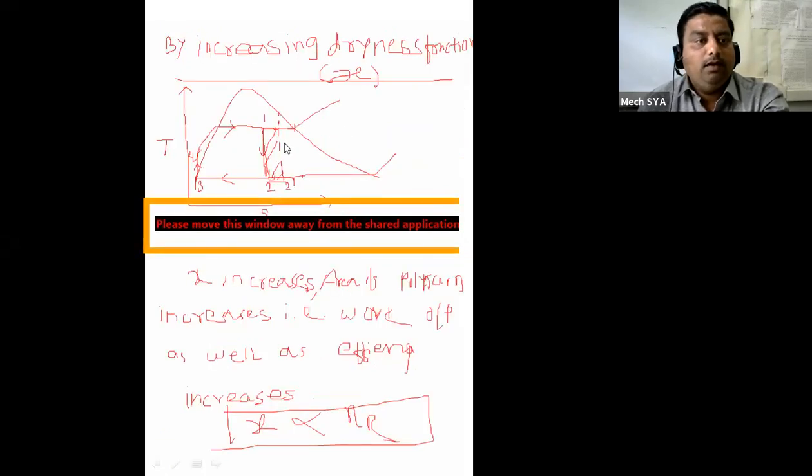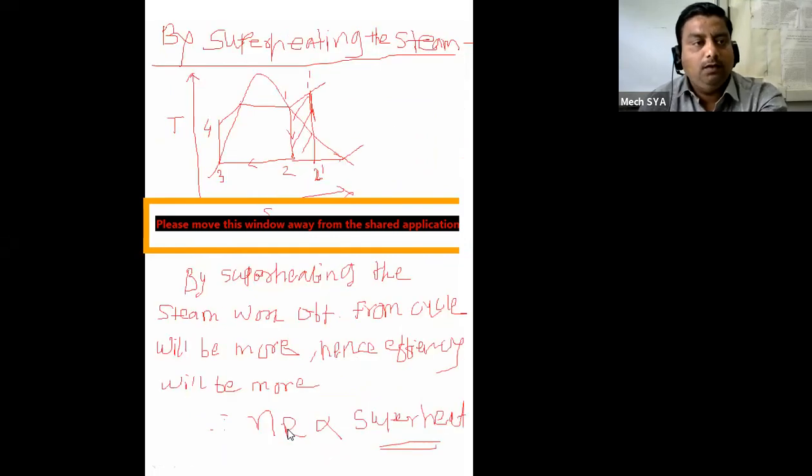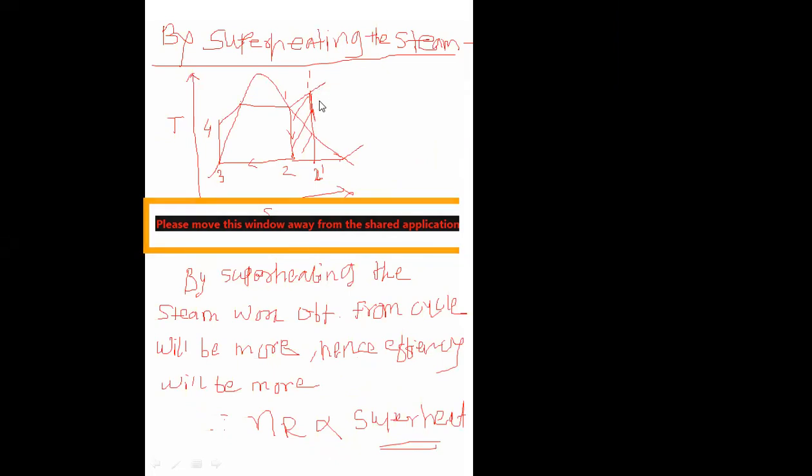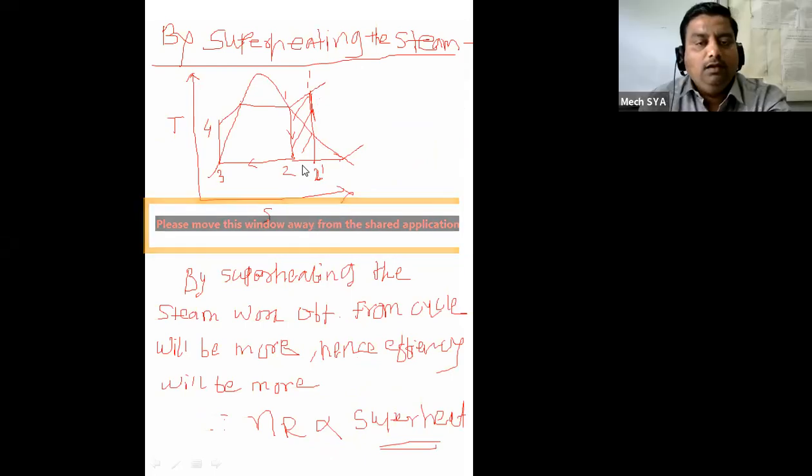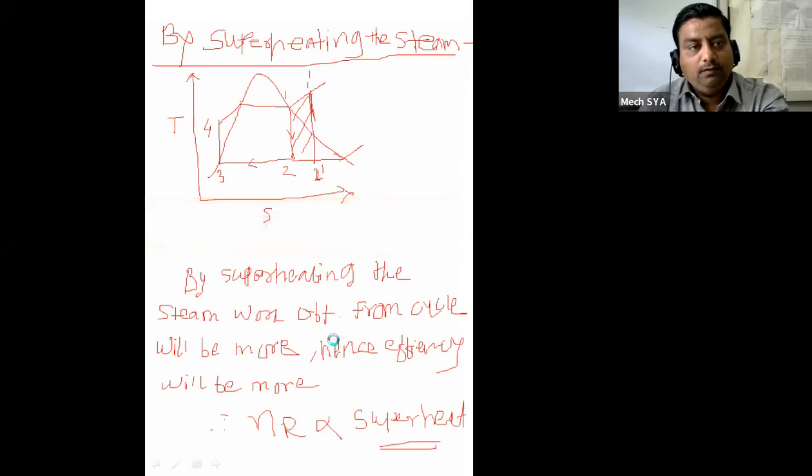By increasing dryness fraction, area increases, work done increases, and efficiency increases, so it is directly proportional to eta Rankine. By superheating the steam, the area of the new Rankine cycle polygon increases, showing an increase in work obtained, and therefore eta Rankine is directly proportional to superheat.